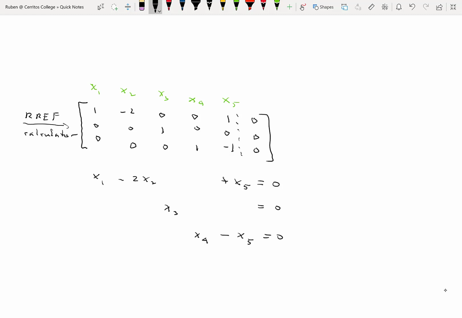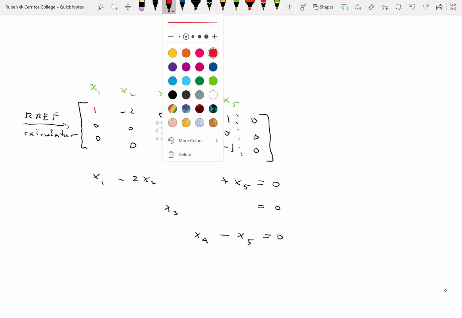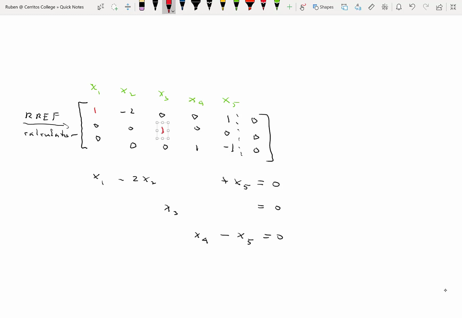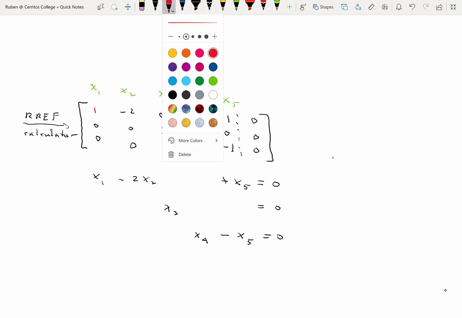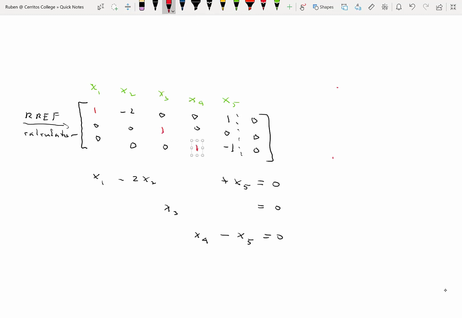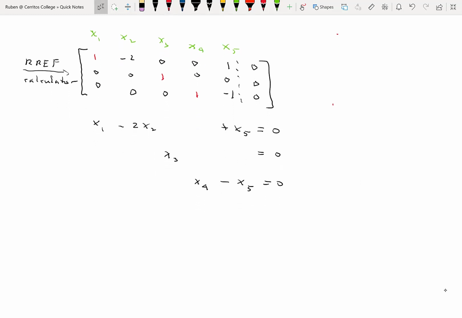The leading ones for our matrix are in the first row, second row, and third row, and I'll highlight them in red. So that says that those variables x1, x3, and x4 are our dependent variables.